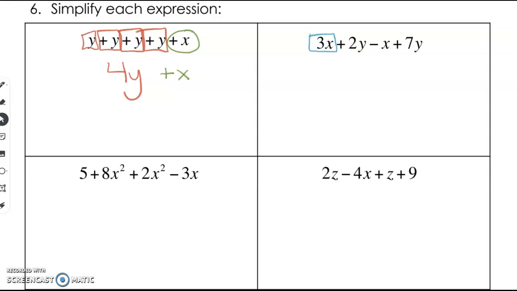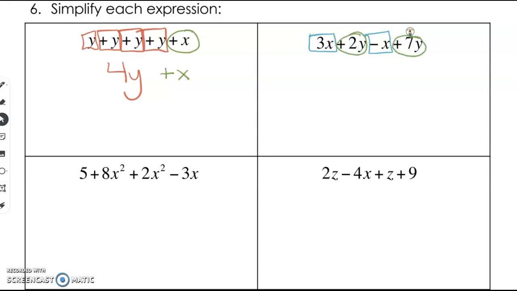But minus x is a similar term because there's a coefficient, 1, and we always assume that there's a 1 in front of an x with no number next to it. So that's a similar term, and then we know that y is not a similar term. So let's look at our next terms that we can combine. We can do plus 2y, and we can do plus 7y.